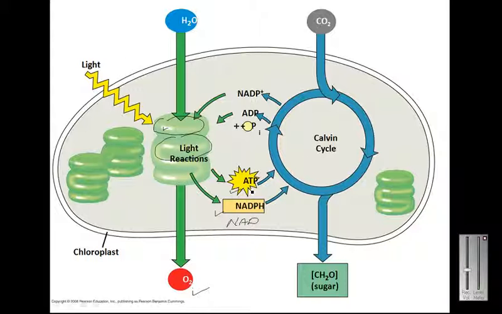So both these together enter the Calvin cycle, which happens in stroma, and we get sugar as the resultant product. At the same time, what happens to these two? ATP changes into ADP and NADPH gets reduced to NADP plus.